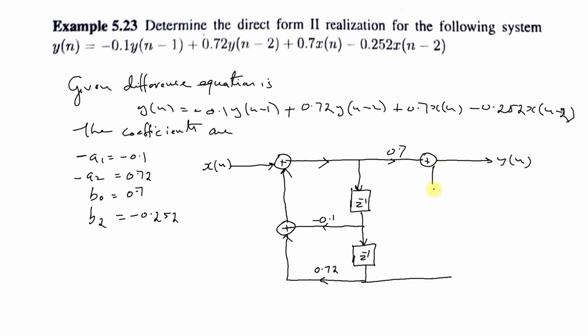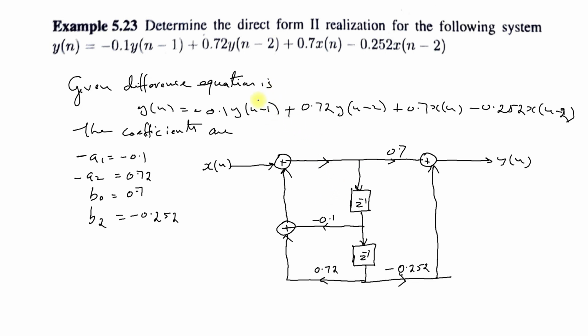So we can draw like this. And here we have the b2 coefficient as minus 0.252. So this is the direct form realization of the given equation.